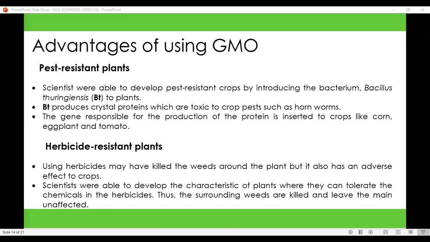So what did scientists do? They inserted the characteristic making crops resistant to herbicide so that the surrounding weeds are killed and the crops are left unaffected and can still yield fruits or vegetables.